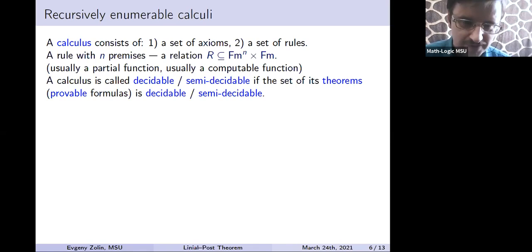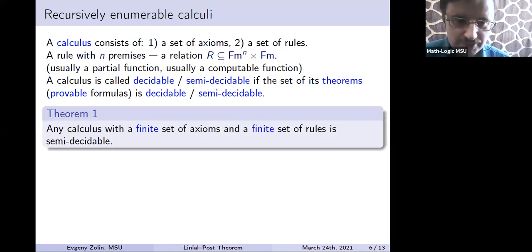A proof is a finite sequence of formulas such that each formula in this sequence is either an axiom or is obtained by some rule from previous formulas, like in the usual logic. But later we will only consider calculi that have the set of rules only modus ponens and substitution. But let us first make some general observations.